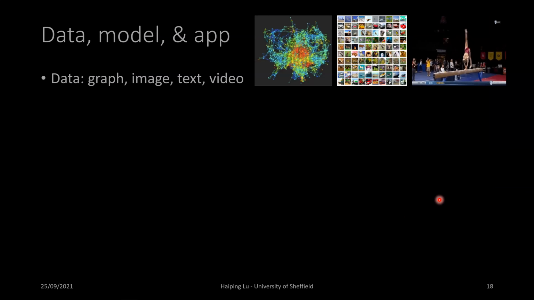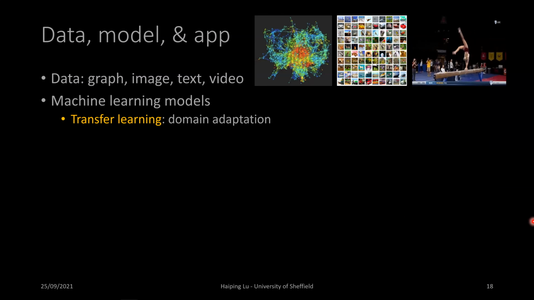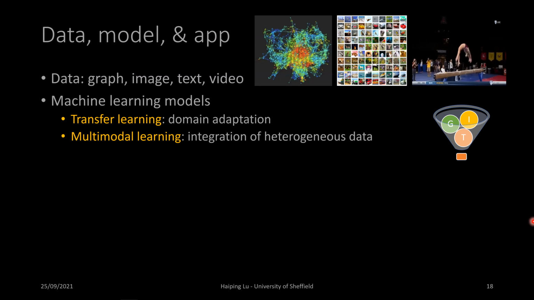In the current version of PyKale, we have built support for graph, image, text, and video. In terms of machine learning models, we focus first on transfer learning, and in particular, domain adaptation. The second focus is multimodal learning, where we aim to provide support for integration of heterogeneous data.